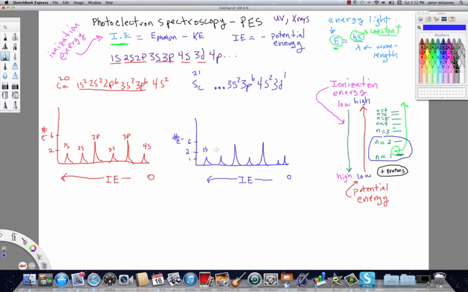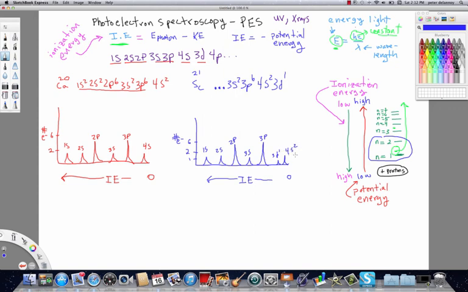Here's my 1s, here's my 2s, my 2p, my 3s, 3p, and then look what happens. Here's my 3d1, and then my 4s2.